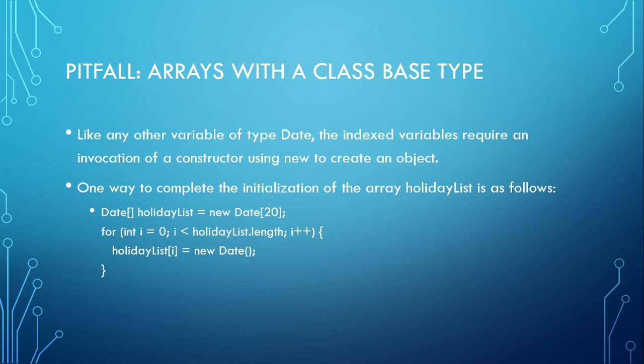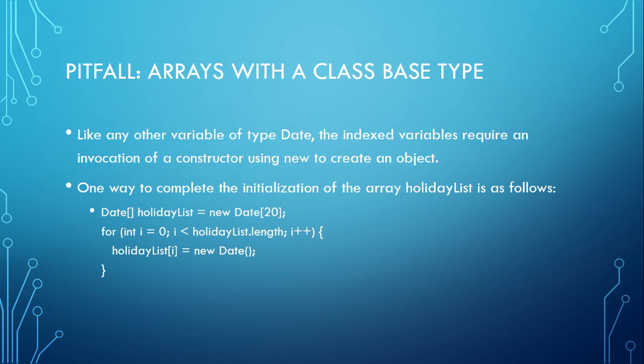So if you remember the Date constructor, you would then get a set of values, because we had our constructor method, and it would have predefined values there if you just did new Date. Otherwise, it initializes it all.